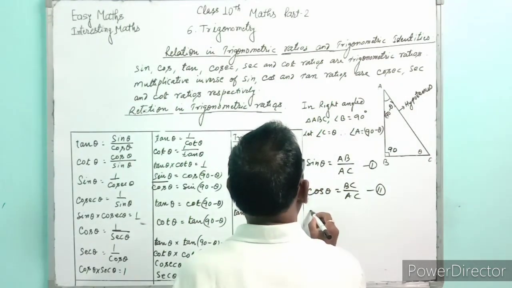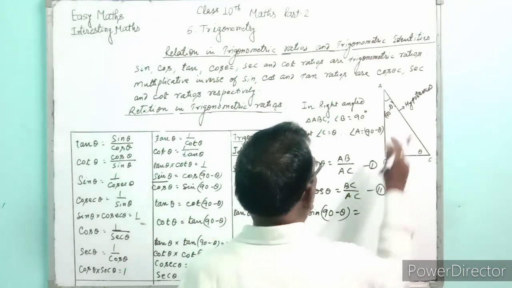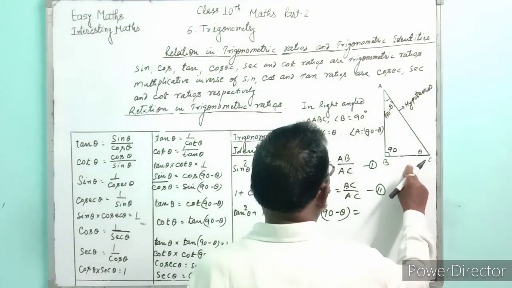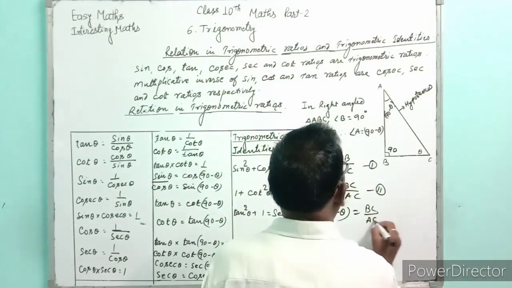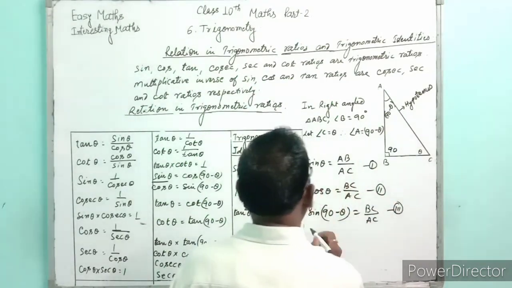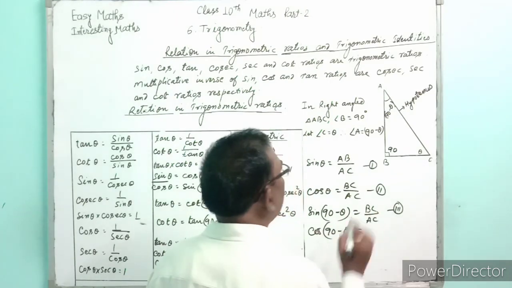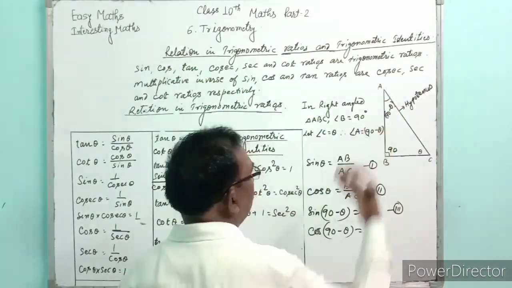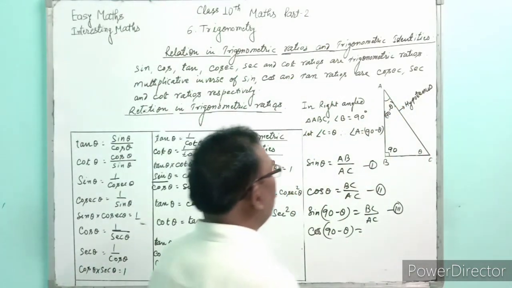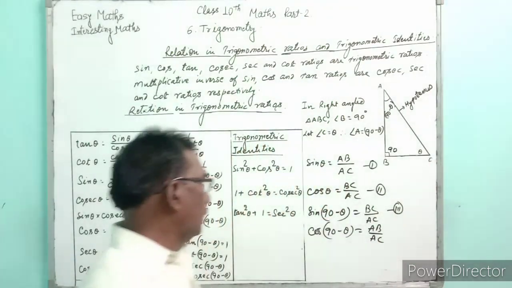Now sin 90 minus theta is equal to BC upon AC, number 2. Number 3, cos 90 minus theta is equal to the adjacent side of angle 90 minus theta, AB, by hypotenuse AC.